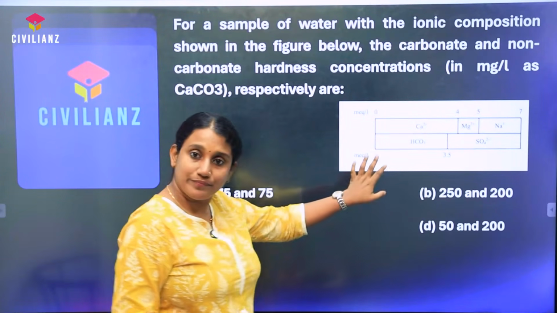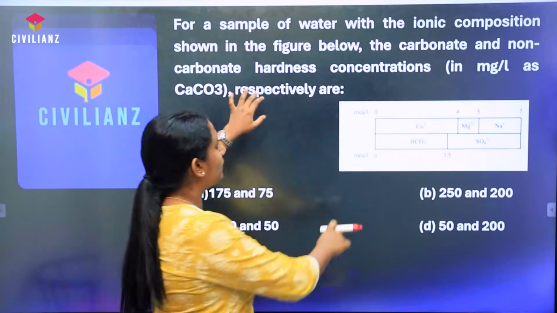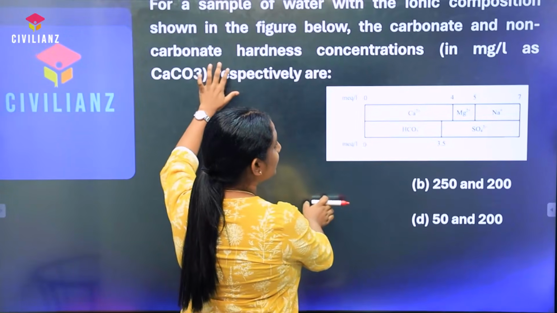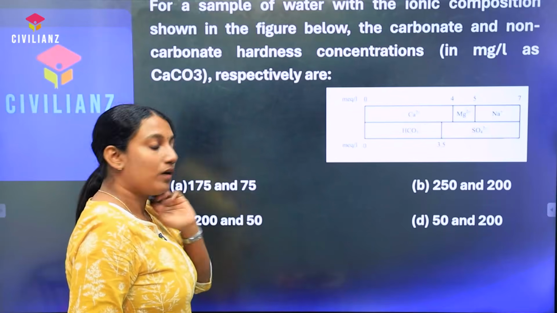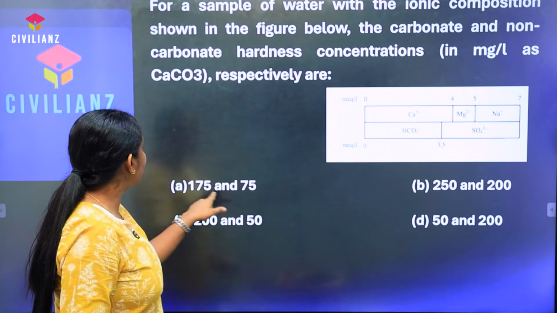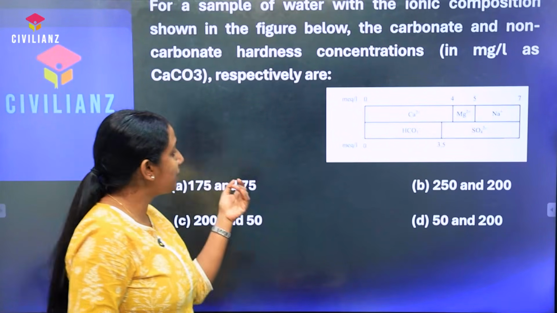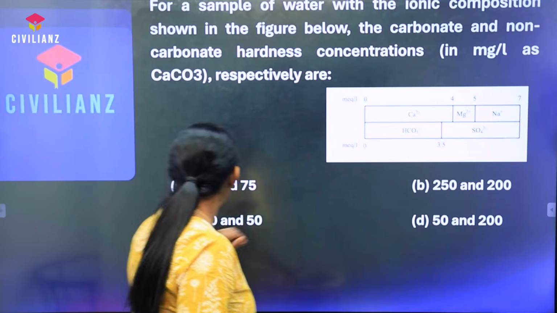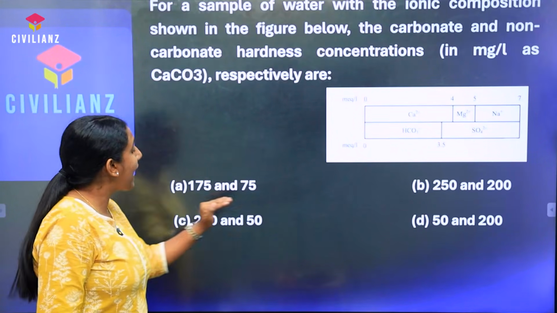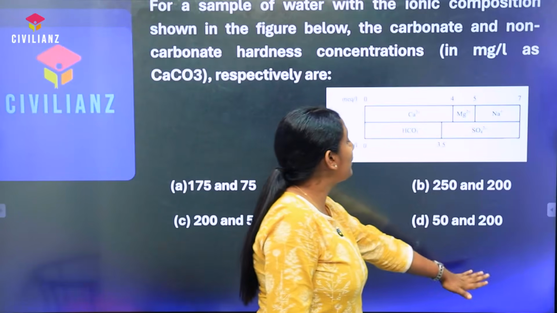Is it visible? Option A 175 and 75, option B 250 and 200, option C 200 and 50, option D 50 and 200.